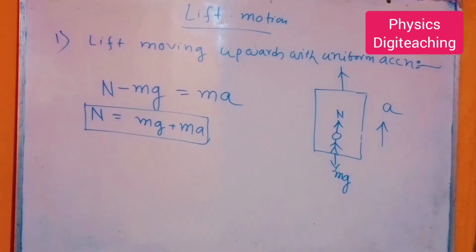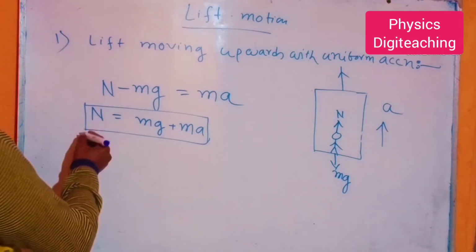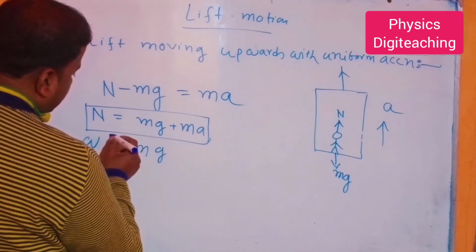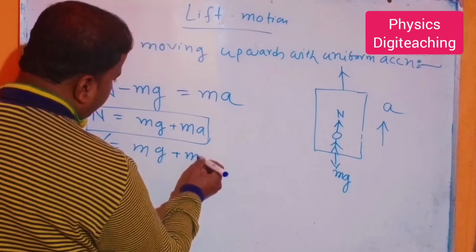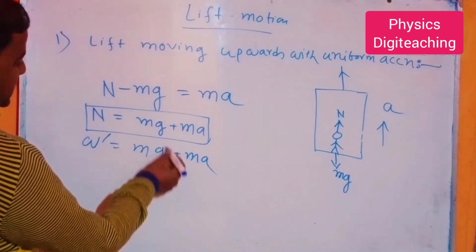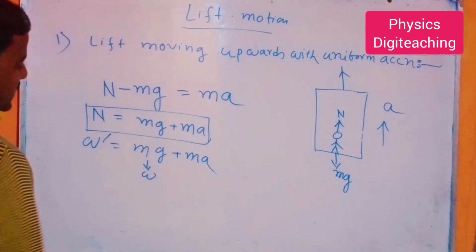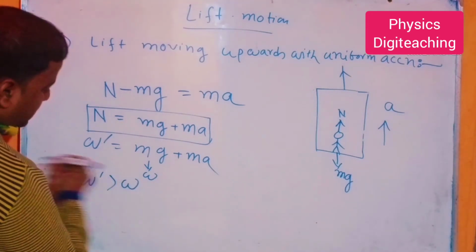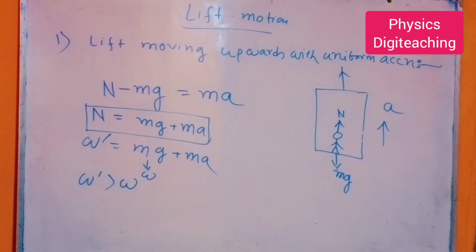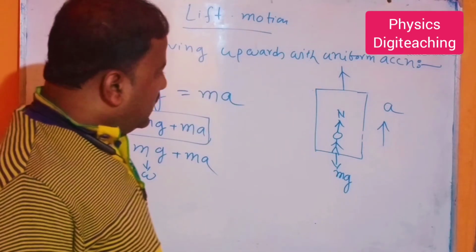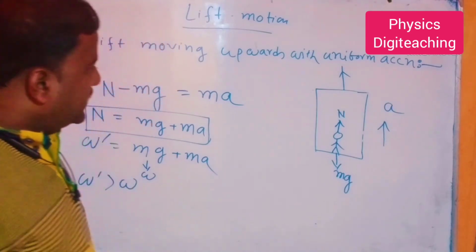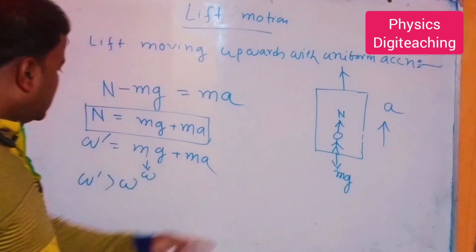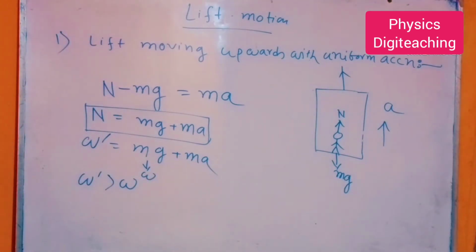Here we see that the apparent weight N, or W dash, equals mg plus ma, where mg is the actual weight W. The apparent weight W dash is greater than the actual weight W. Thus, when a person is standing on a lift moving upward with acceleration a, the person feels heavier than the actual weight.